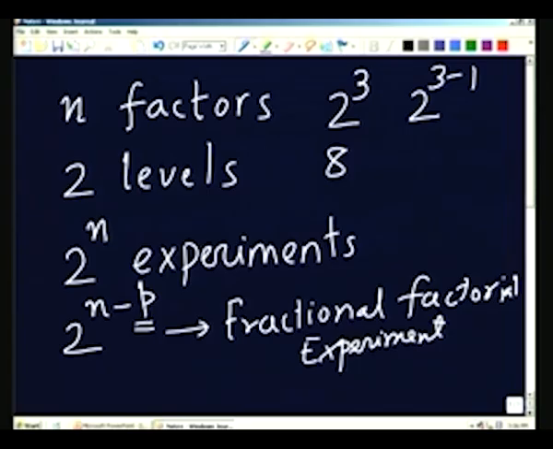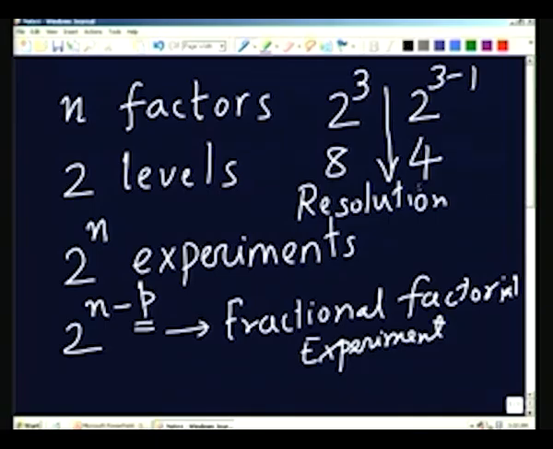Constant, xa, xb, xc, then the products of xa, xb, etc., then xa, xb, xc. So what we resolve here is only 4 factors. Okay, we are able to resolve only 4 factors. So that means that the number of factors that can be resolved gets reduced. What I mean is, resolution suffers. This is one aspect of the problem.